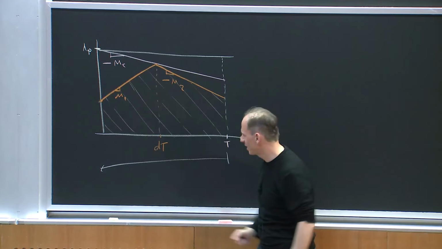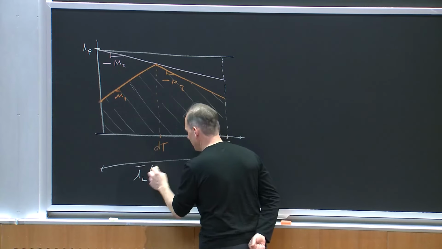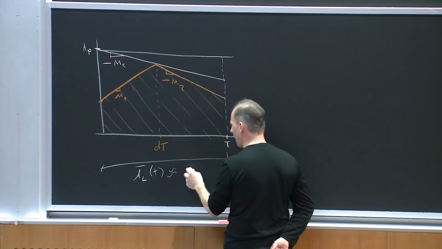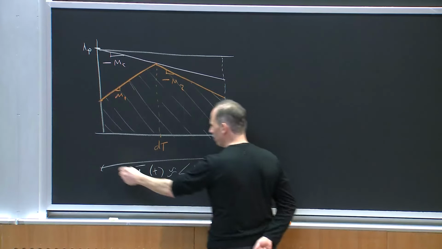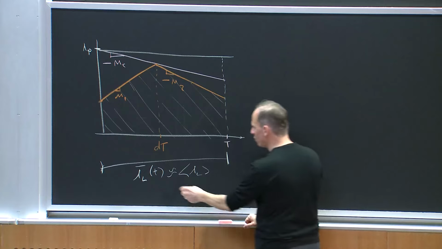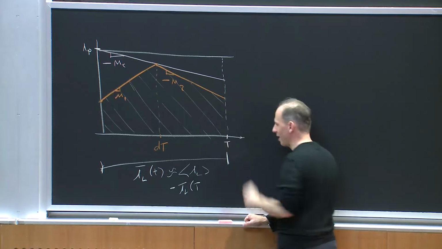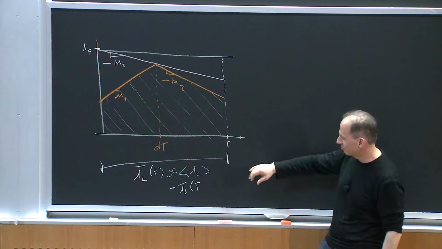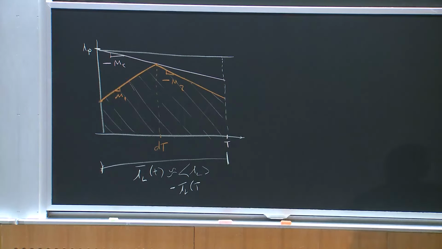So I'm saying iL of t is approximately equal to the average of iL over this window. Strictly speaking, this is equal to iL of capital T, if this is time t. And it's not quite the same thing anywhere else. But it turns out it's not a bad geometric approximation.